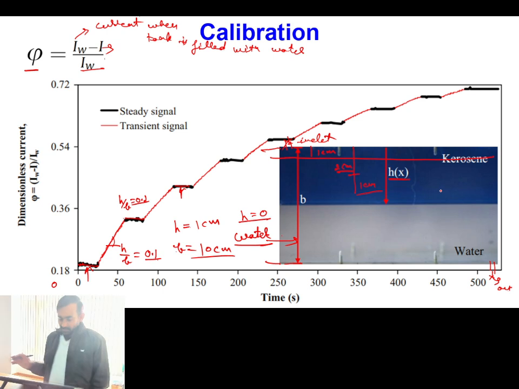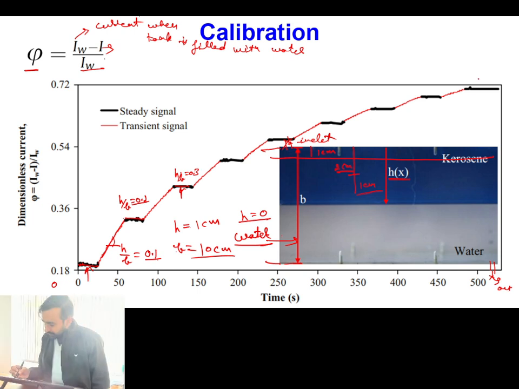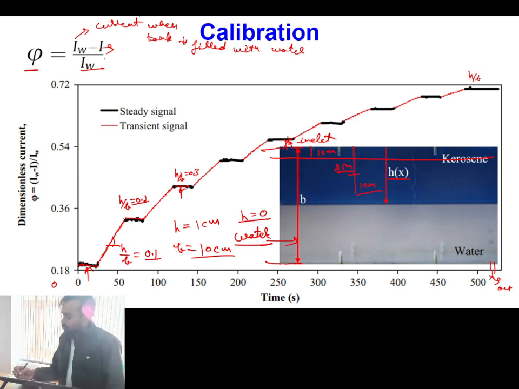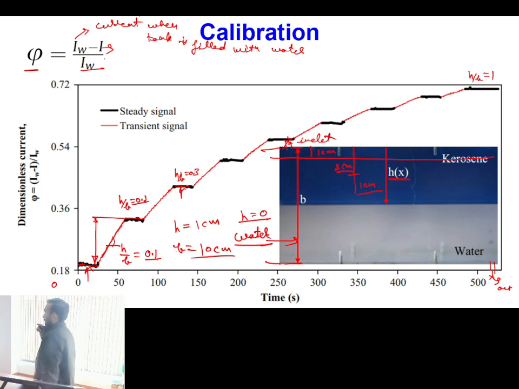So whenever we vary this in steps of 0.1, we find our signal is gradually changing. And finally, when the entire tank is filled, reaching close to H by B equal to 1, the signal has got this value. One interesting fact you can observe is that for changing the same height initially, the difference between the two signals was large.